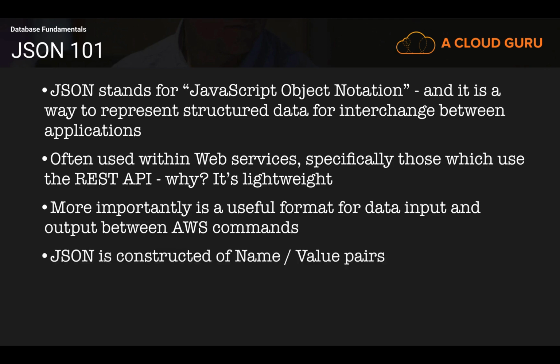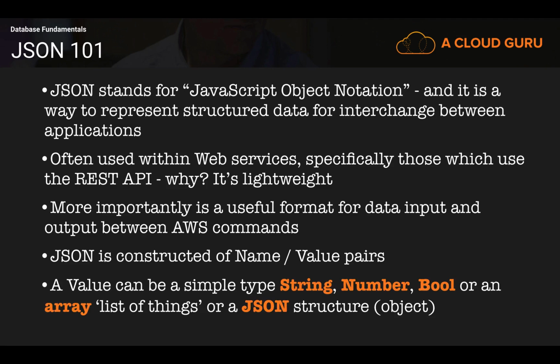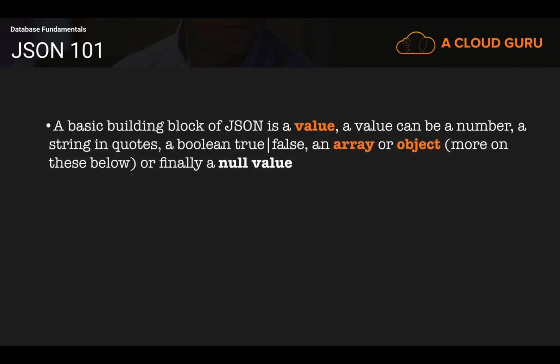Now, JSON is constructed of name-value pairs, and an example of this may be color and red. Now, the value can be a string, a number, a boolean, an array, or another JSON structure. So let's review the basic structure of JSON. Now, we've mentioned that a basic building block of JSON is a value.